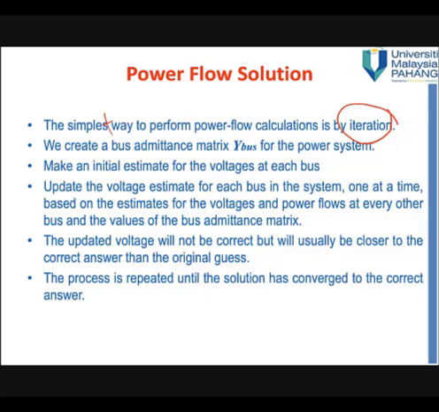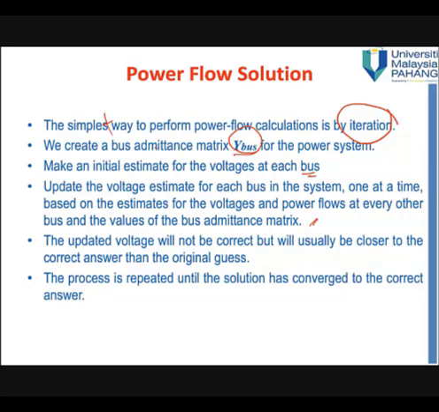So that's why we need to create a bus admittance matrix Y bus for the power system. And then we make an initial estimate for the voltage at each bus, and update the voltage estimate for each bus in the system one at a time, based on the estimates for the voltages and the power flows at every other bus and the value of the bus admittance matrix. Next, you need to update the voltage, and normally the updated voltage is not correct, but usually closer to the correct answer.